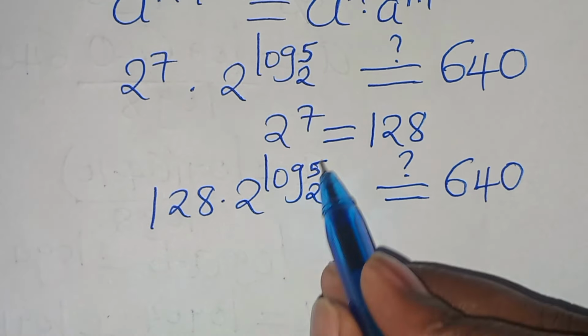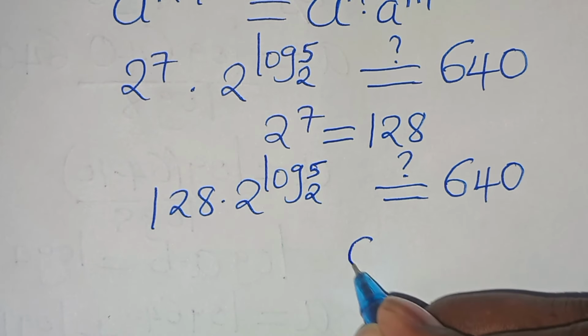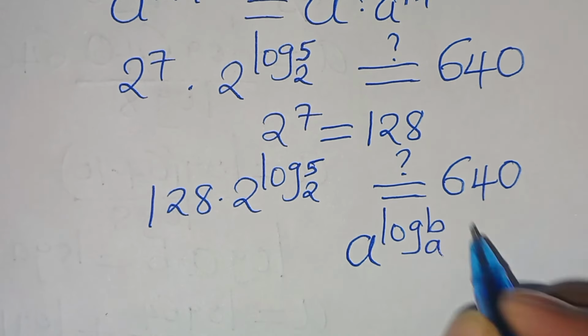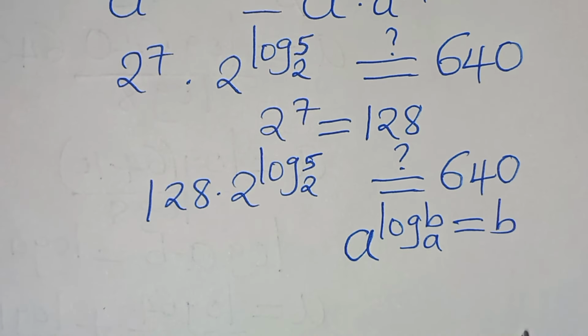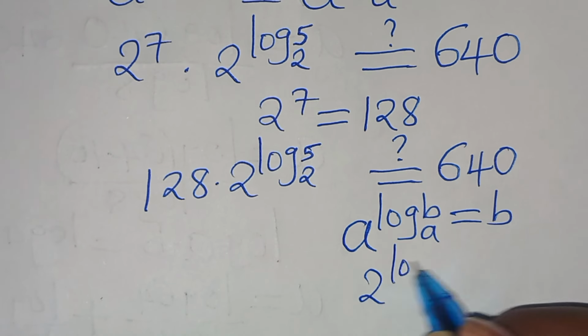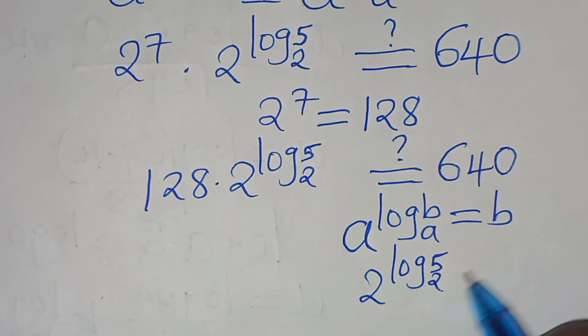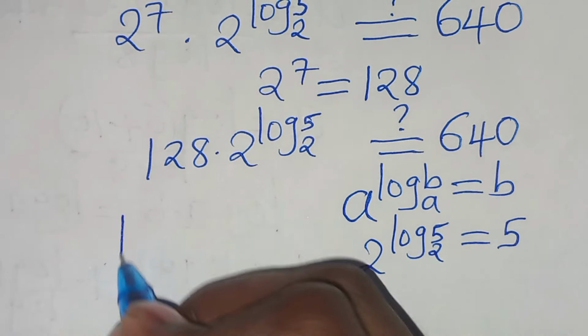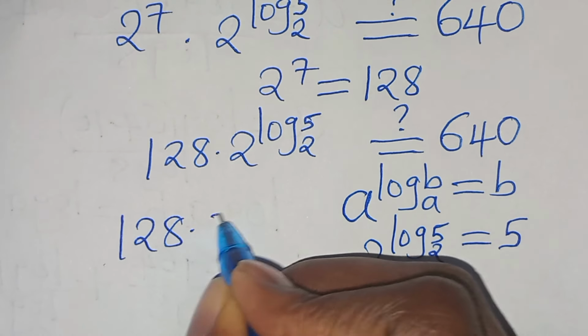So 2 to the power of log 5 to base 2 is in the form of a to the power of log b to base a, and this is equal to b. So this implies that 2 to the power of log 5 to base 2 should give us a value of 5. So we have 128 times 5.